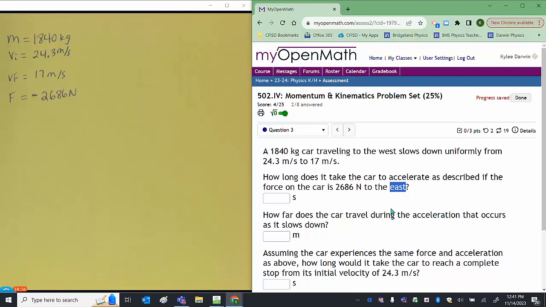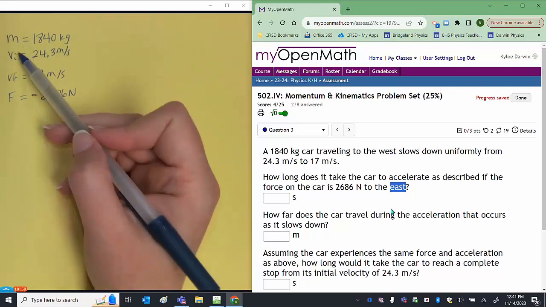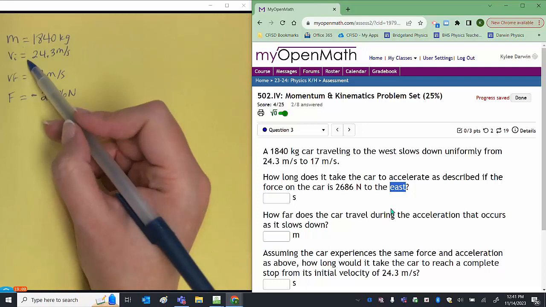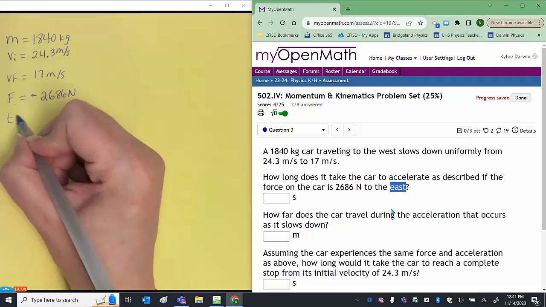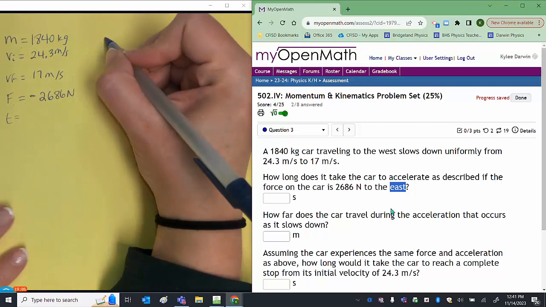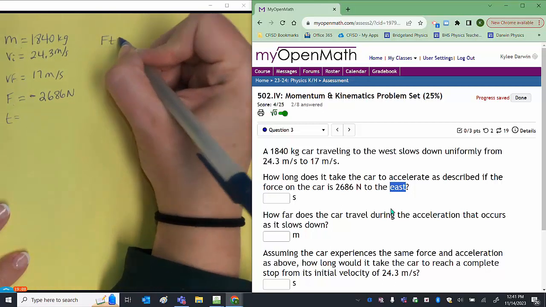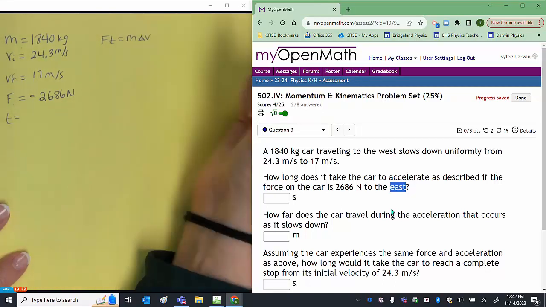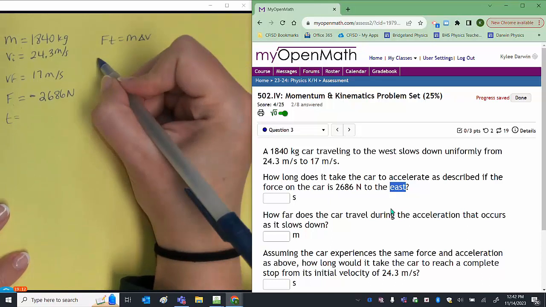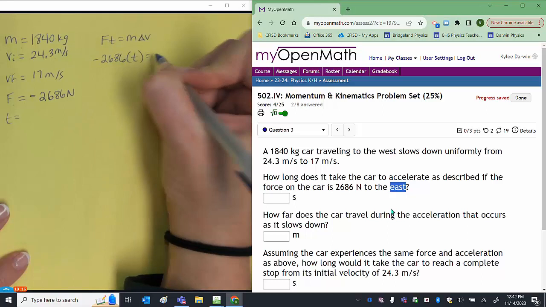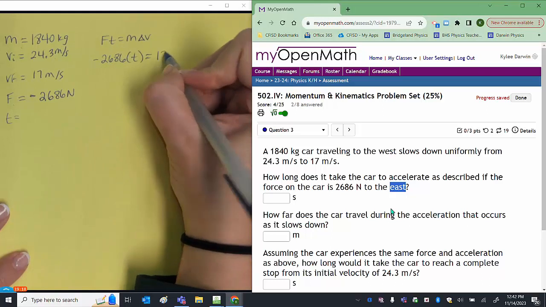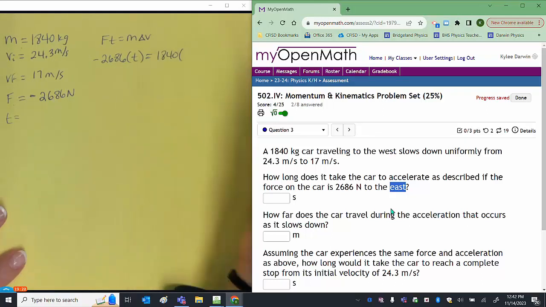Okay, with this, I now have mass, 2 velocities, which means I can find delta V, and force, and they want me to find time, and again, it's the same equation we used for the first 2 problems. F times T equals mass times delta V. We're looking for time. So that negative 2686 times the time equals the mass, 1840, times the change in velocity.